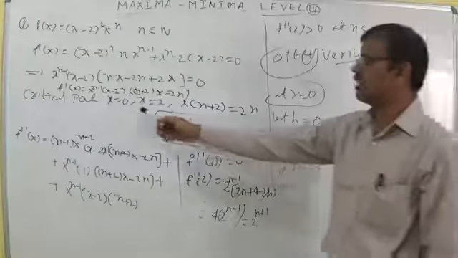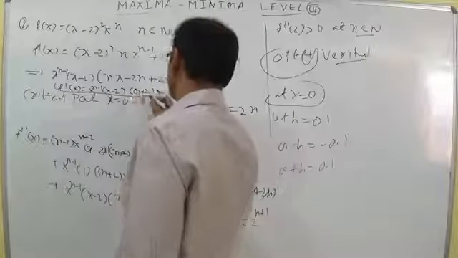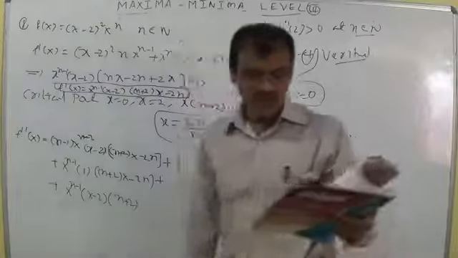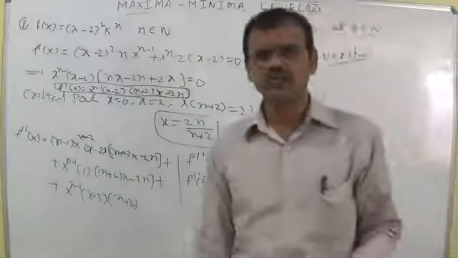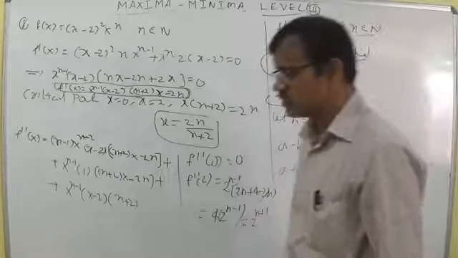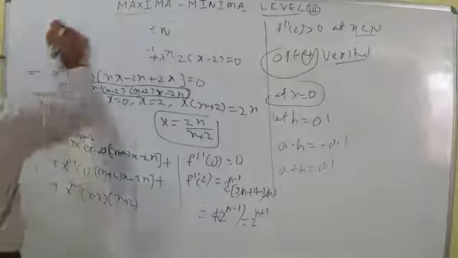You substitute the values in f dash x and calculate. If n is even, put n equal to 2 and verify the option, you will get the 4th option. Otherwise simply leave it. Now let us discuss the 7th question.